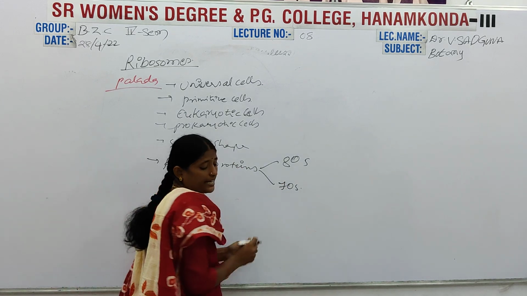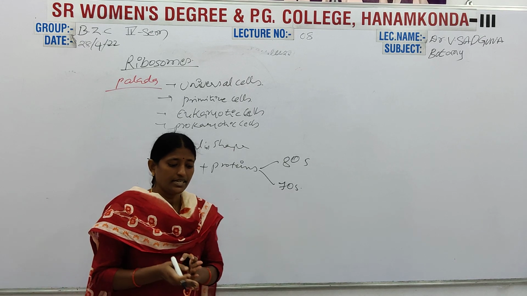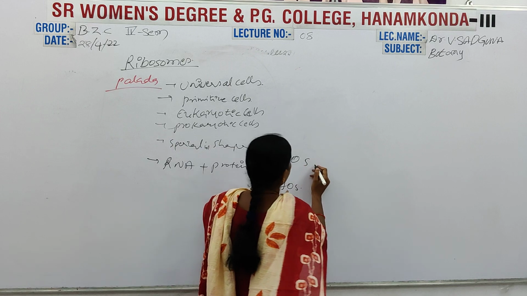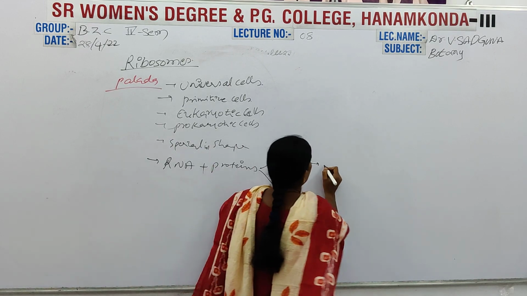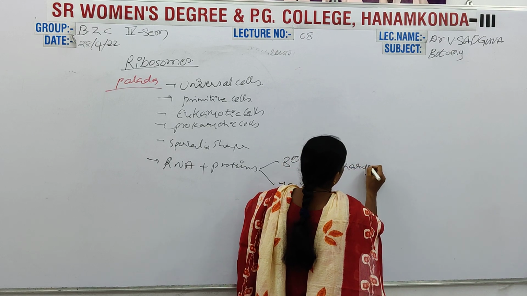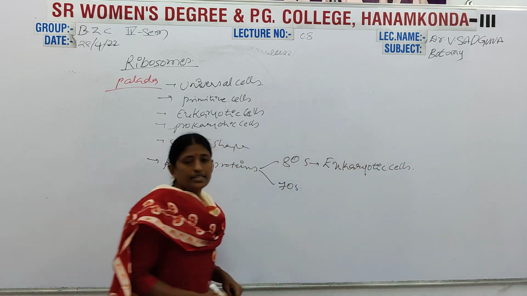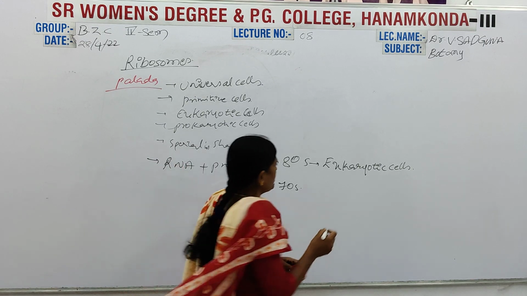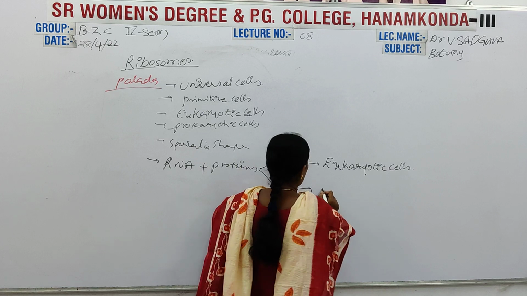80S ribosomes are present in eukaryotic cells. 70S ribosomes are present in prokaryotes.